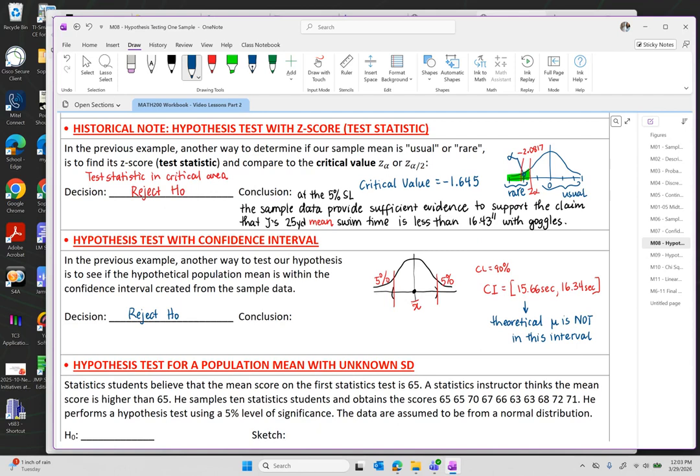And again, my conclusion will be the same. At the 5% level of significance, the sample data provides sufficient evidence to support the claim that Jeffrey's 25-yard mean swim time is less than 16.43 seconds when Jeffrey swims with goggles.